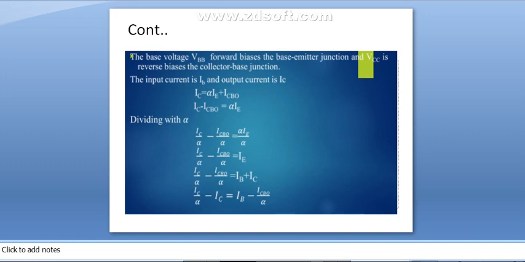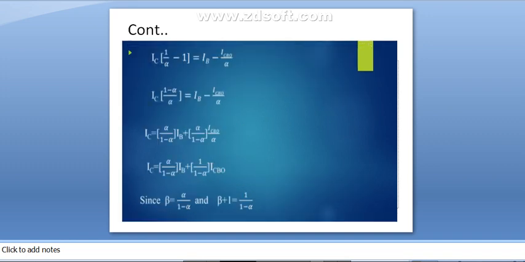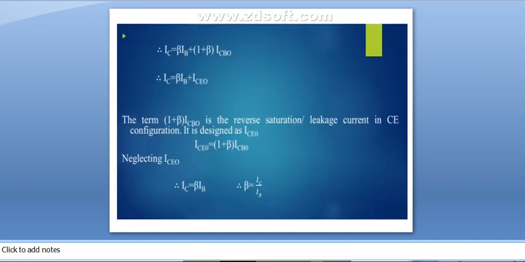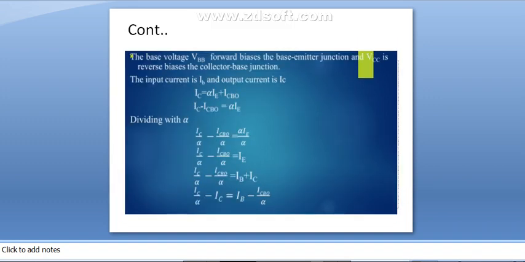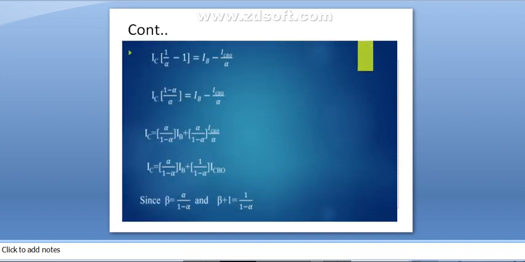So take IC common: IC into 1 by alpha minus 1 equal to IB plus ICBO by alpha.